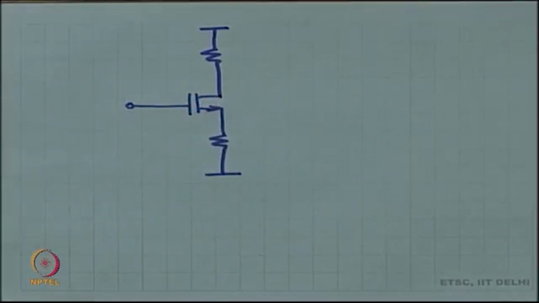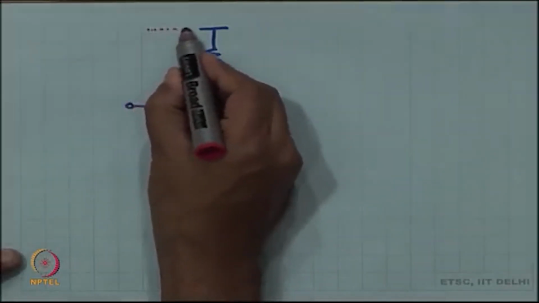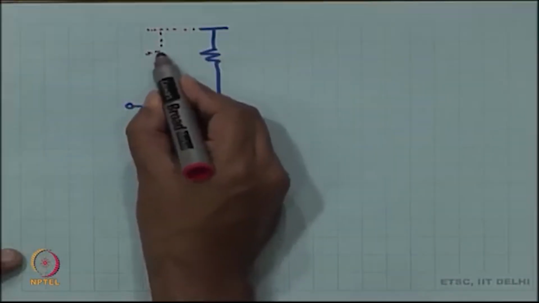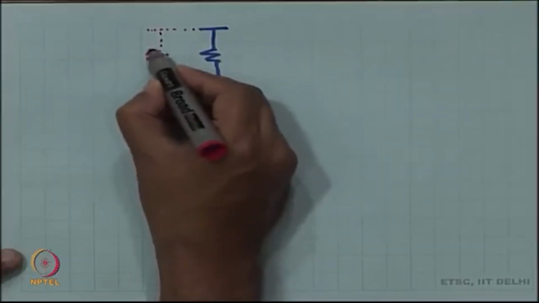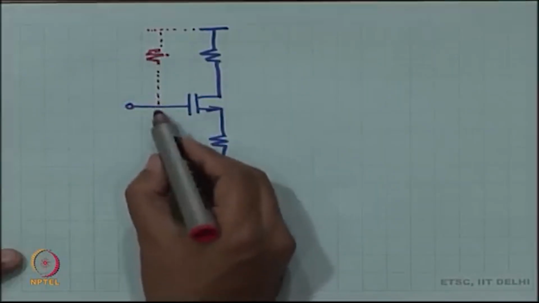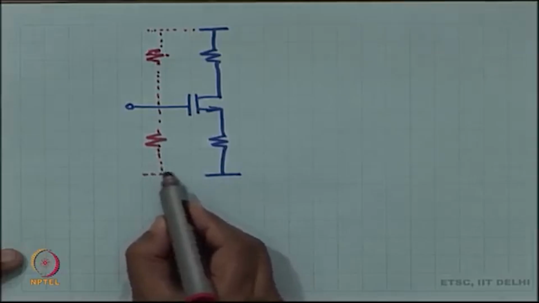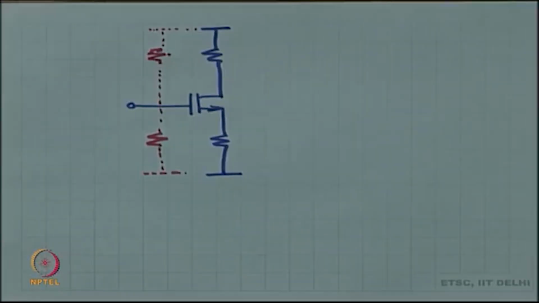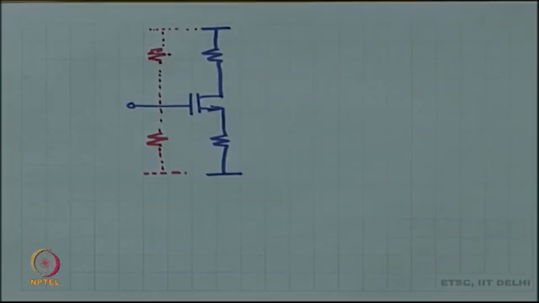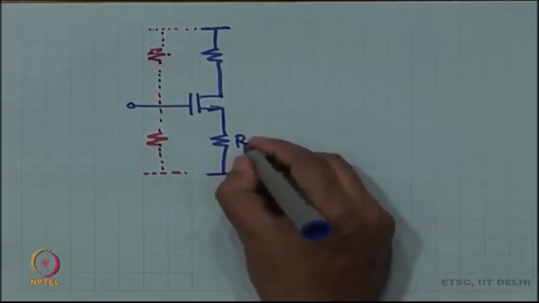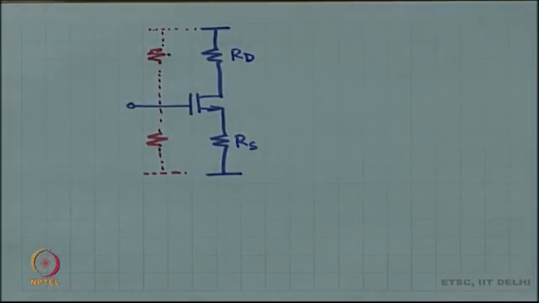But remember, when we studied the common source amplifier, first when we did the biasing, there was an R1 over here, there is an R2 over here, and then there was RS and there was RD. This is what we had done during the biasing of the MOSFET.